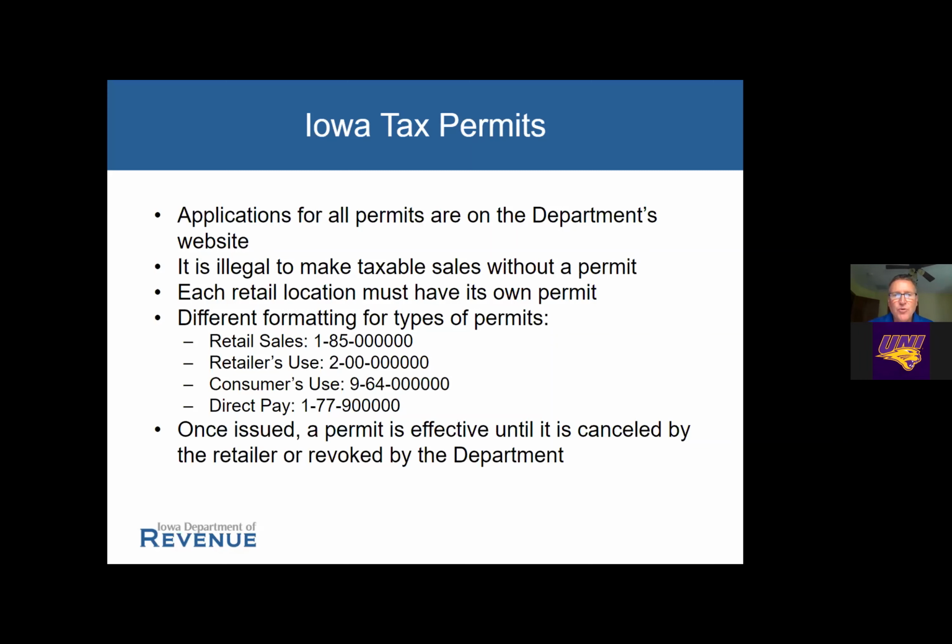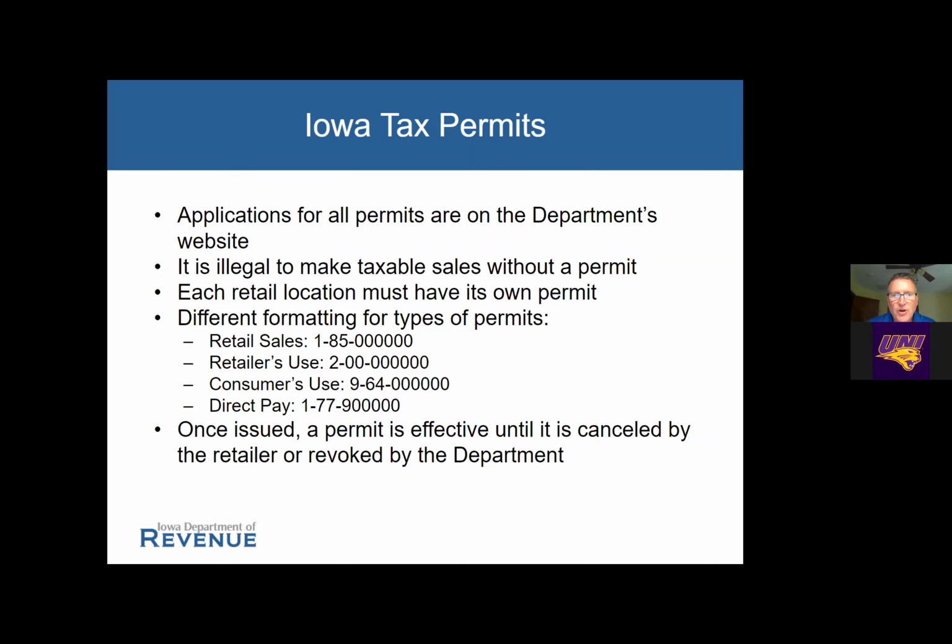But if you need a consumer's use tax permit, that one always starts with the number 9. And then the next 2 digits, in this example 64, that's the county where the business is located. And then there will be a permit number issued after that. So again, starts with a 9, that's consumer's use tax.